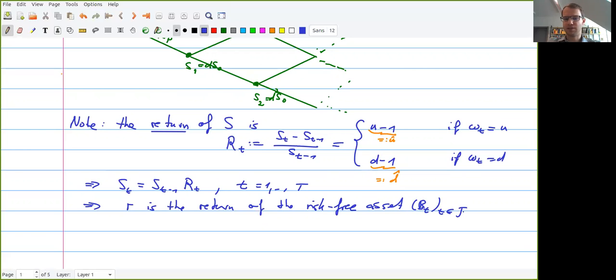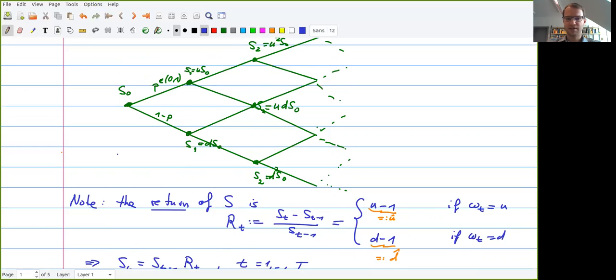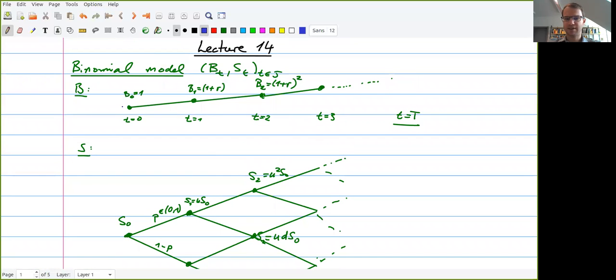So R is the interest rate. This is what you get if you invest in the risk-free asset over each period.